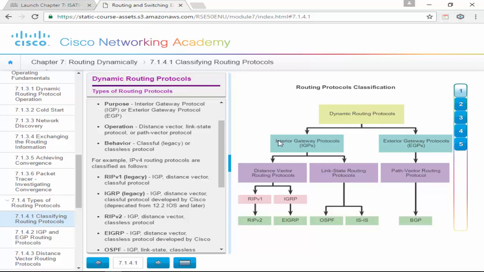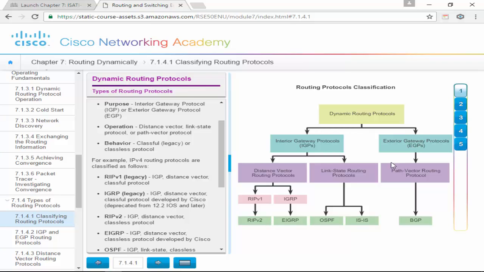Okay, so there's two types of IGPs, distance vector and link state. There's one type of EGP, path vector. So BGP runs the internet. This runs things that aren't the internet, like internal gateways, and usually they feed into, I don't know, a default network.